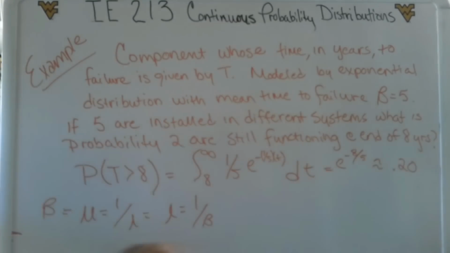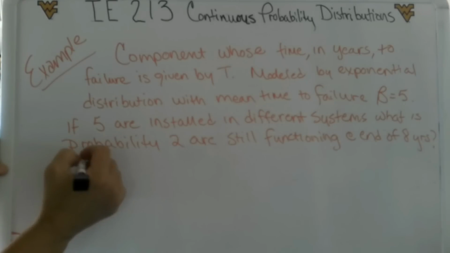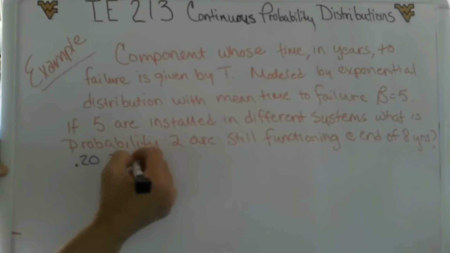0.20. So now we have the probability that a given component is still functioning after 8 years is 0.20.